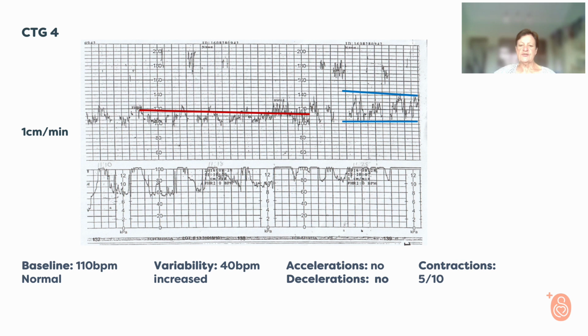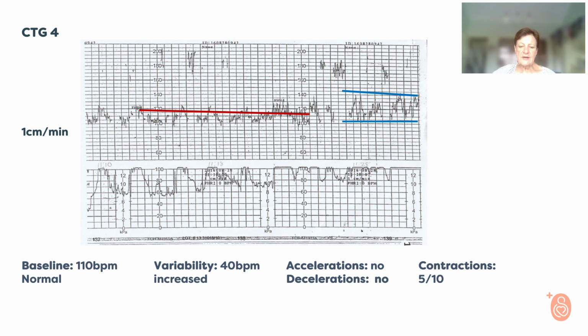I usually use the method where I basically draw a line or take a ruler and look at where the bottom of the fetal heart and the top of the fetal heart are. And in this case, we can see that the variability was 40 beats per minute. Now we know that the normal variability for the fetal heart is between 5 and 25 beats per minute. So a variability of 40 beats per minute will definitely be an increased variability.